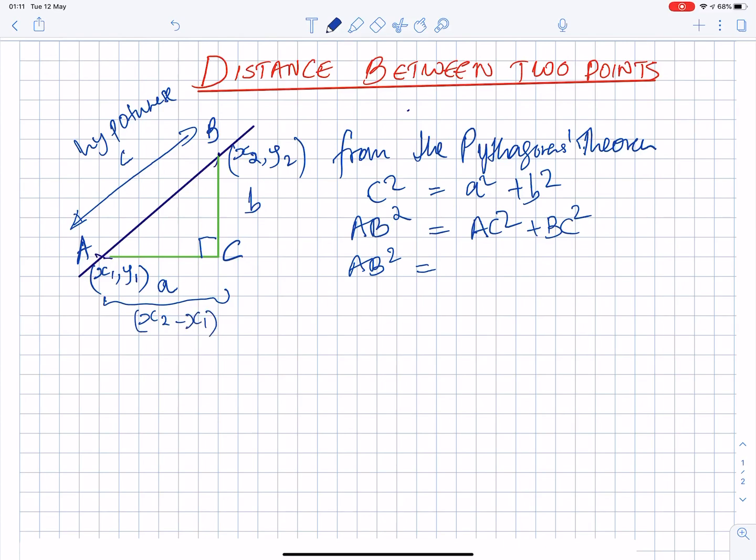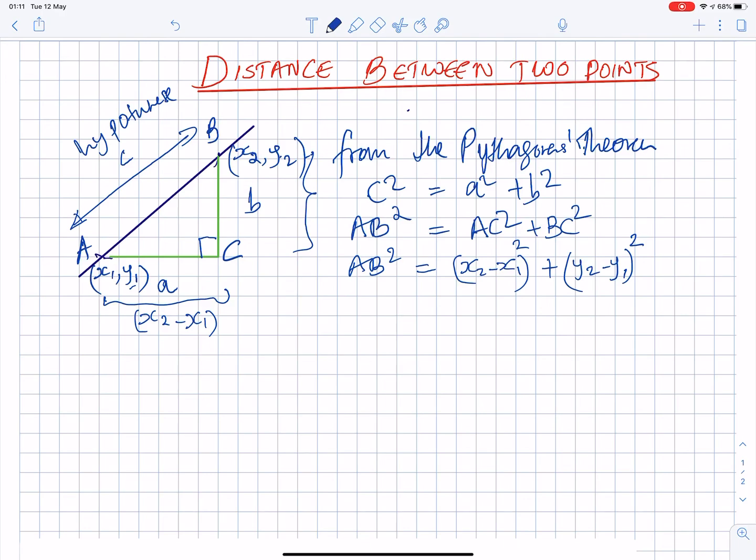So that's the distance from A to C. So AC squared then is (x2 take away x1) squared, as it is, plus what's BC? Well, BC is in the y direction, and that distance from B to C is y2 take away y1. So BC squared is (y2 take away y1) squared.